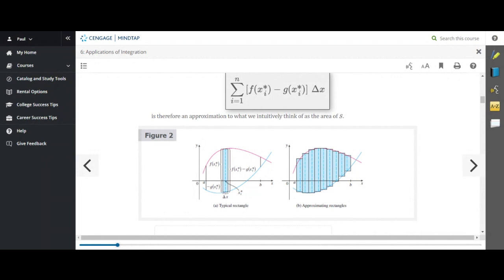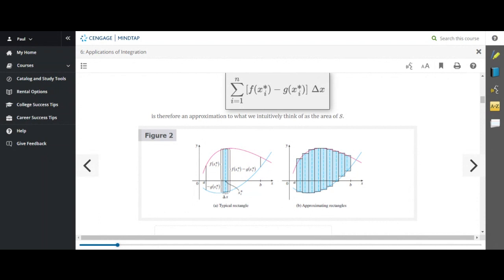Well, the height of the rectangle is f of x minus g of x, and the width of the rectangle is delta x. And if we add all those rectangles together, in figure B there are 9 rectangles, you would just add up those areas and we'd get an approximation.